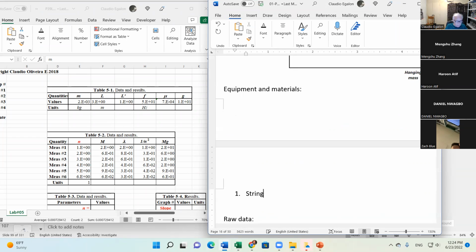String of length L. Need a meter stick to measure L.